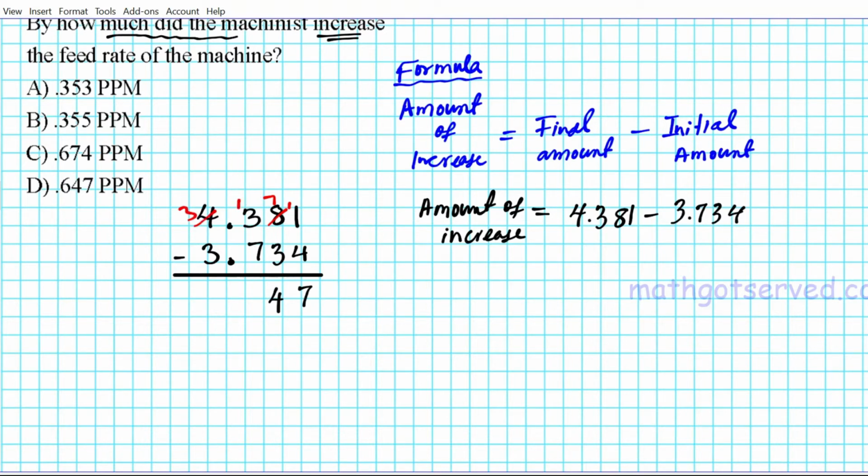So this is 13. 13 minus 7 is 6. And then 3 minus 3 is 0. And then you just bring down your decimal point. Okay? So, ladies and gentlemen, the amount of increase is 0.647 pages per minute. Option letter D is the answer to question number 13.